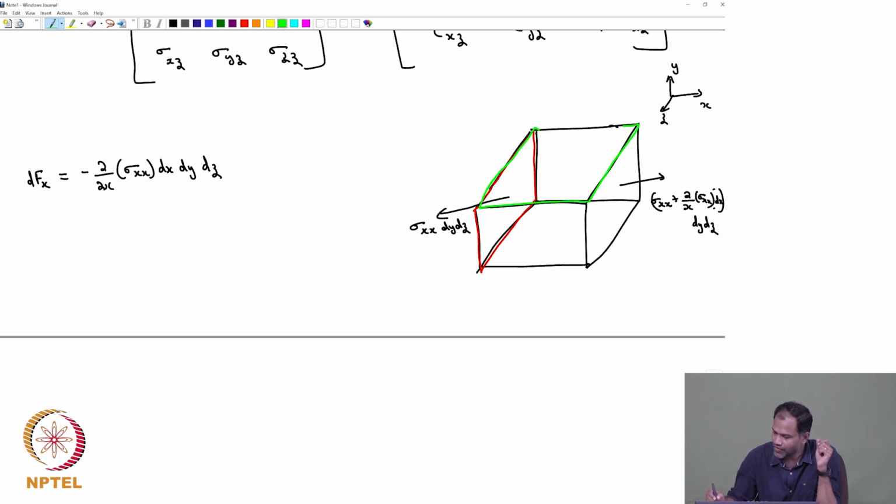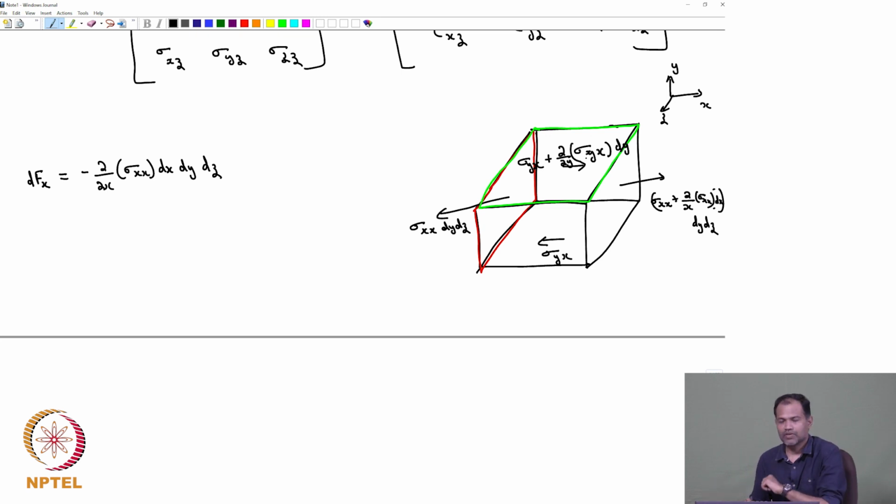So, that is your y face, and on that there can be a shear stress that is acting in x direction, which is given by sigma yx, and here there can be a shear stress that is acting in the opposite direction. So, we will say that this is sigma yx, and therefore, this is sigma yx plus del by del y of sigma yx dy.